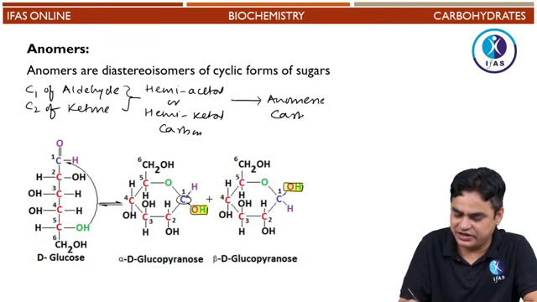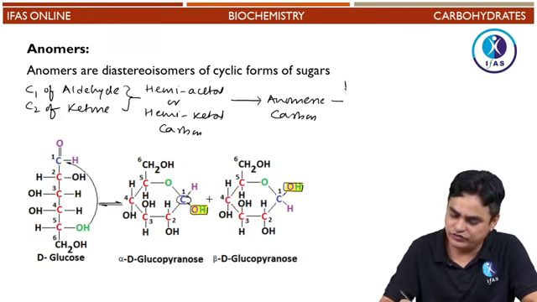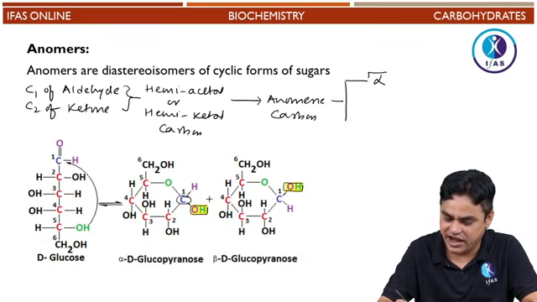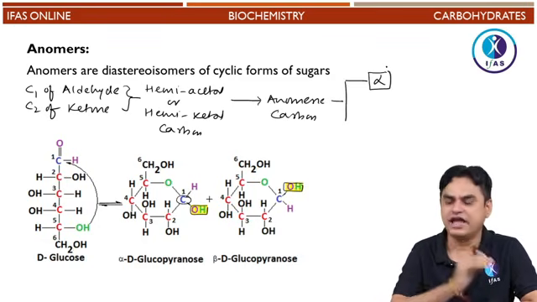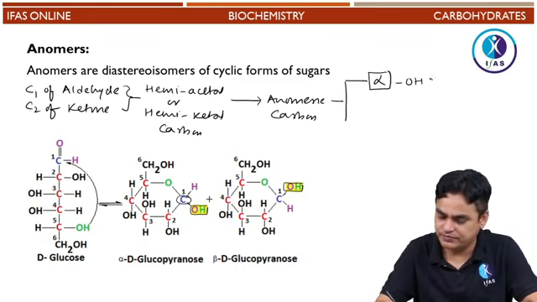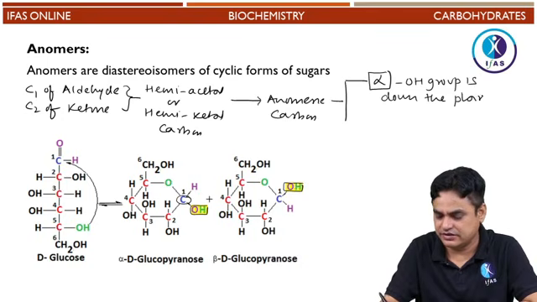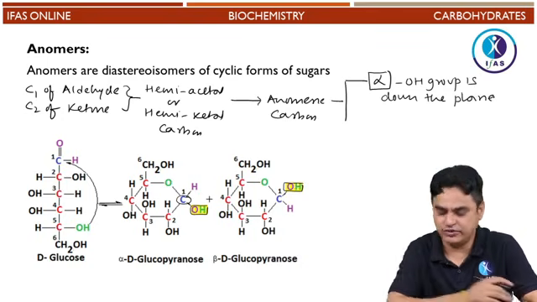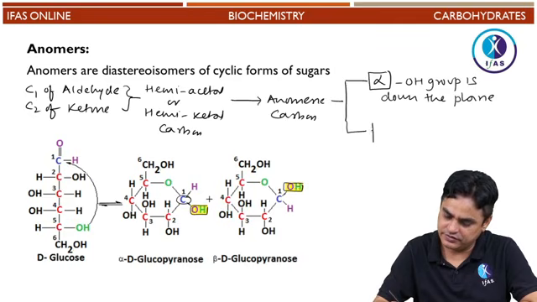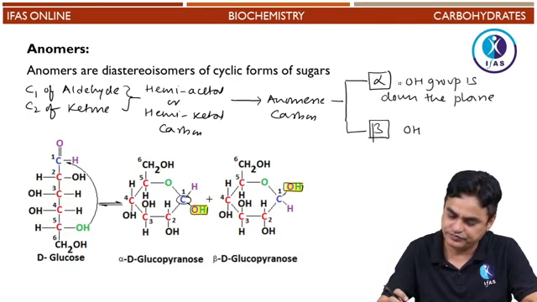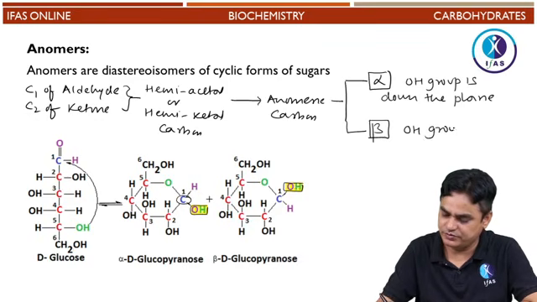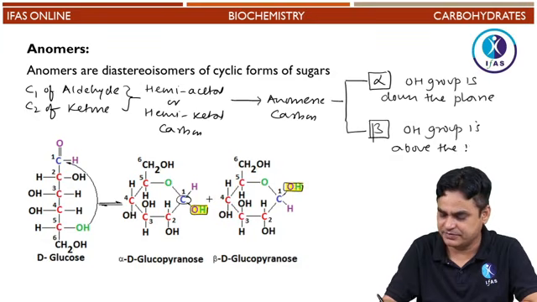And at this anomeric carbon, 2 different possibilities are there, that is alpha orientation. That anomeric carbon, OH group is down the plane, then it is referred to as alpha anomeric form, or it may be beta anomer, that is where OH group is above the plane.